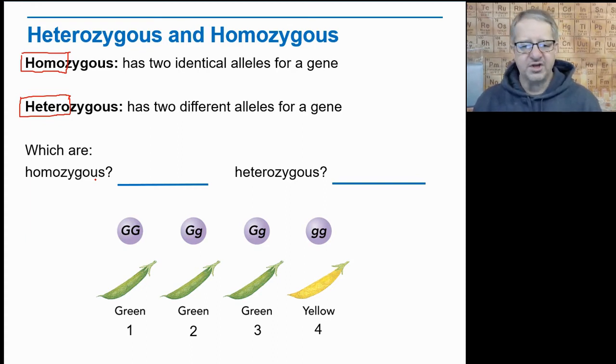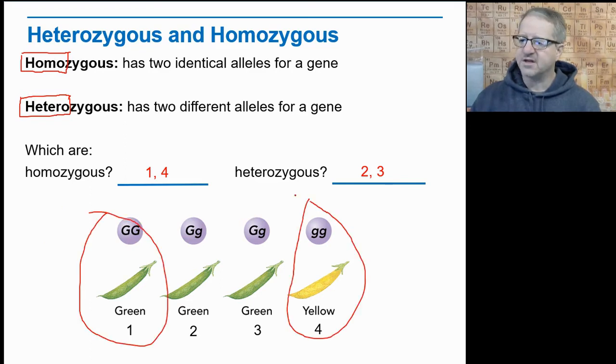So which of these offspring here are homozygous? Well, homozygous can be either uppercase or lowercase. So in this case, 1 and 4 are homozygous. Both of these are considered homozygous, even though they're not the same, but they both have the same allele for that gene.